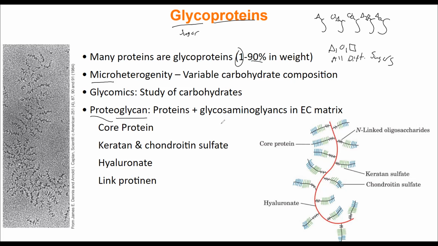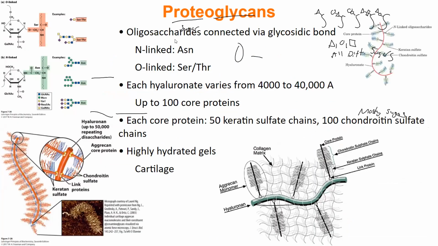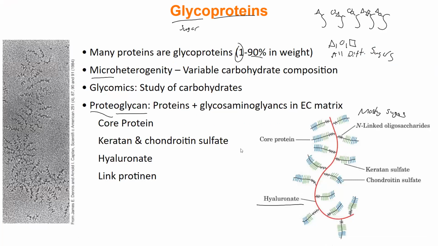So let's take a look at this. Now, these are mostly sugars, right? The main part of this is hyaluronate. Sorry, I just have to go one slide further. I'm actually going to talk about these in the next slide because I have a slide that goes more into depth on them.